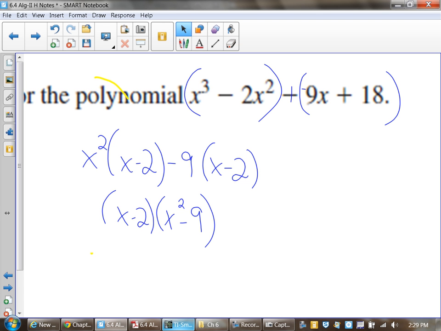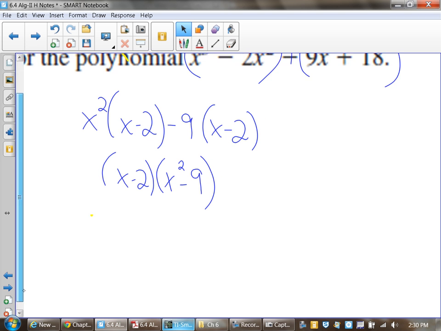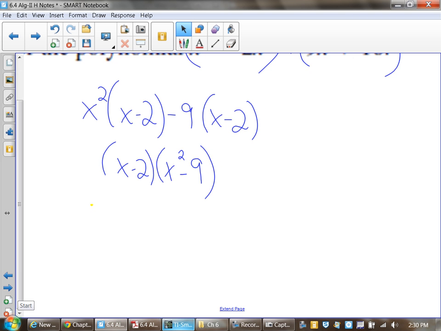What do I have left? x squared and 9. Isn't that a difference of squares again? So what's going to happen sometimes, you might be led into another difference of squares or something else that you can factor out a little bit further.